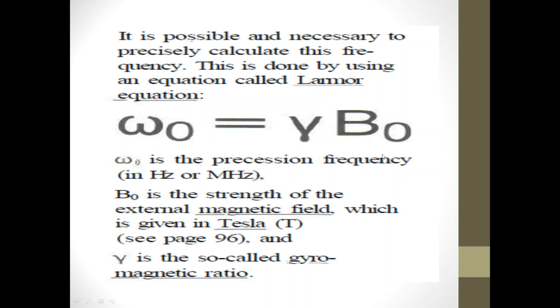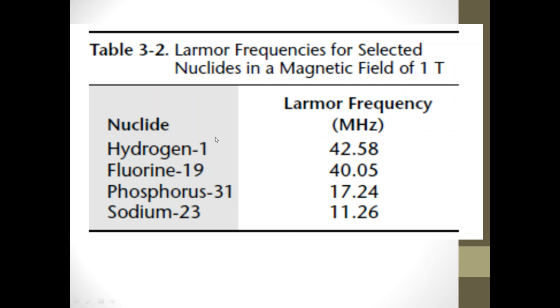So according to the value of the magnetic field, the precession frequency increases. This constant is called the gyromagnetic ratio, which is specific for each material. For hydrogen we will find that the frequency at 1 Tesla, this is B naught, is 42.5, and for fluorine 40.0, and phosphorus 17.2, and sodium.